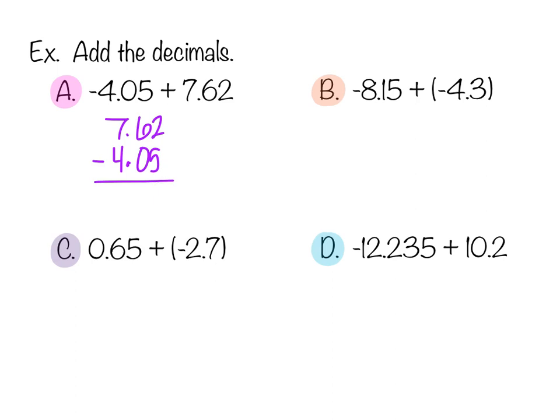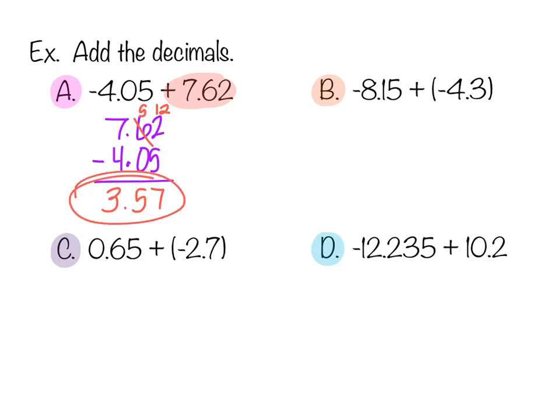And then we have to borrow from the 6, make it a 5, make this a 12. 12 minus 5 is 7, 5 minus 0 is 5, drop down the decimal point, and 7 minus 4 is 3. And then don't forget, if we have different signs, we subtract and we keep the sign of the larger number.